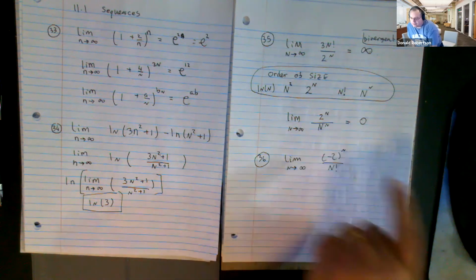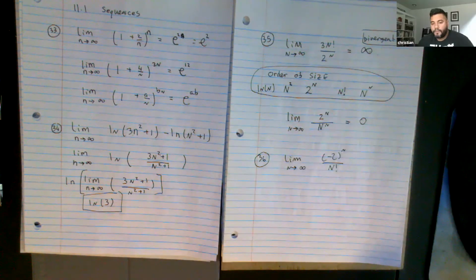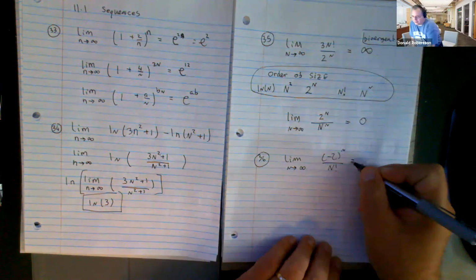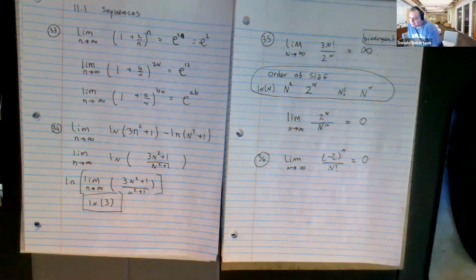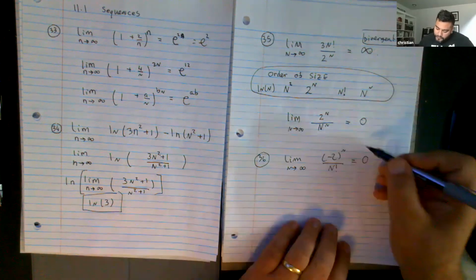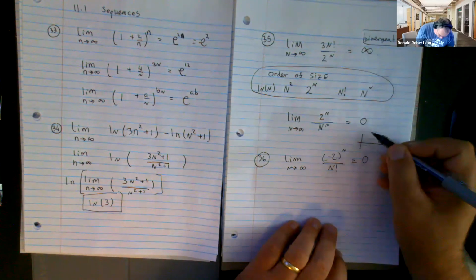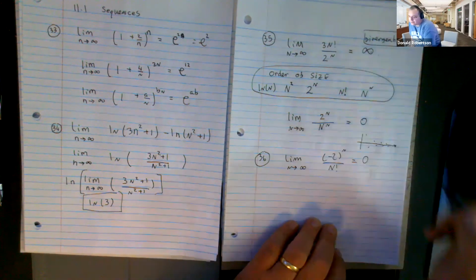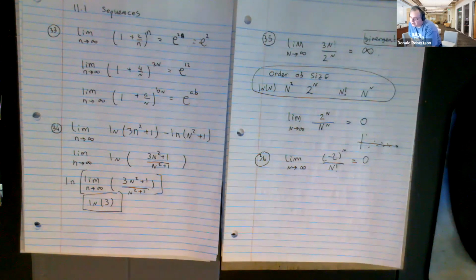The power or the factorial? The factorial. And it's on the bottom, so what's the answer? 0. Do you think it matters if the answer goes +0, -0, +0, -0? No. And if you did that as a graph, you'd probably find it would go something like this. See how it would alternate but get closer and closer to 0 as n got bigger.